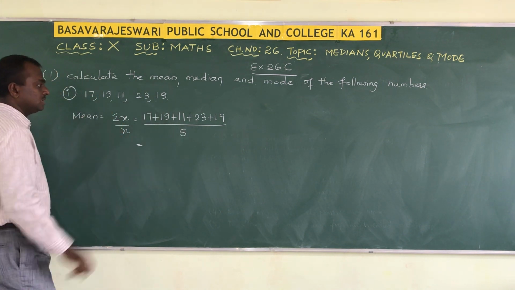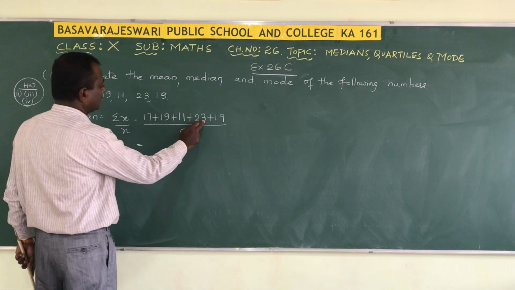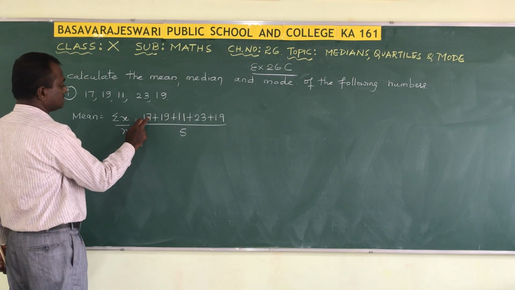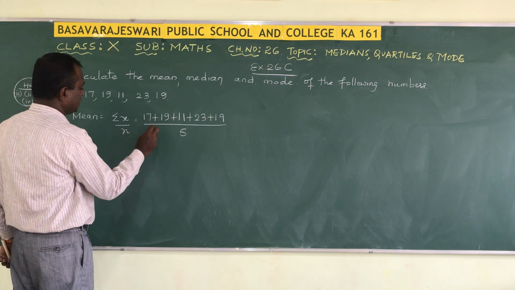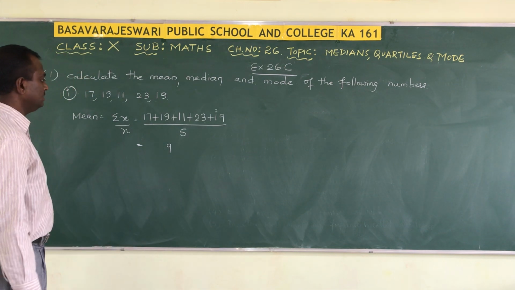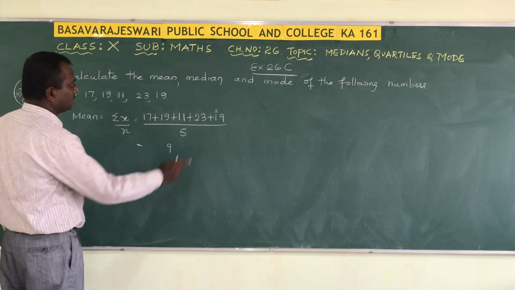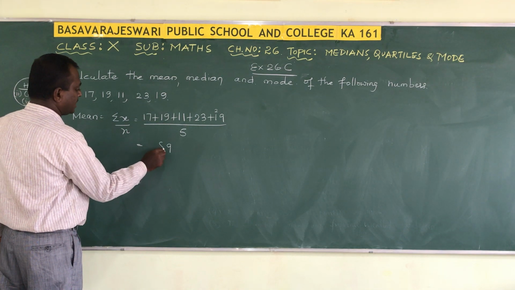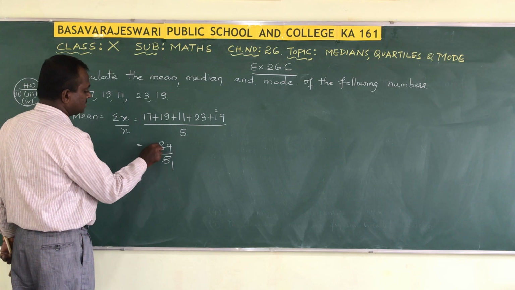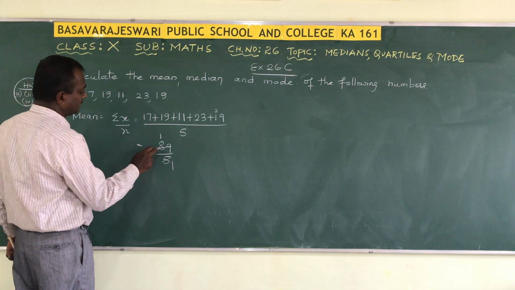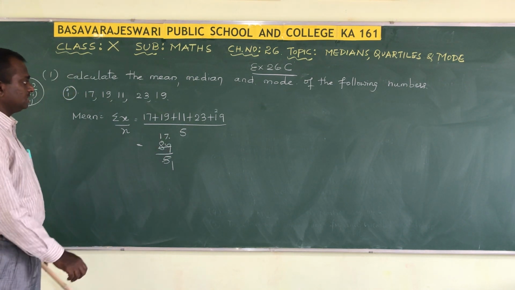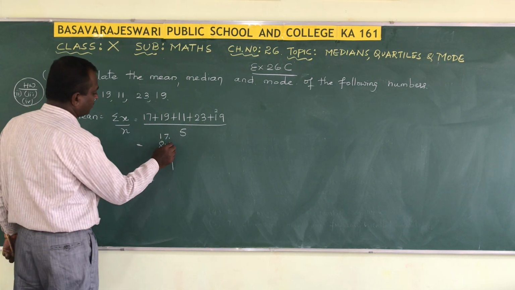So 9 plus 3 is 12, 13, 13 plus 9 is 22, 22 plus 7 is 29, then 89 by 5.